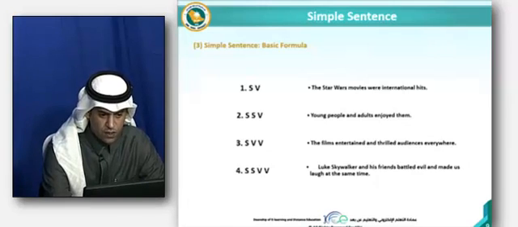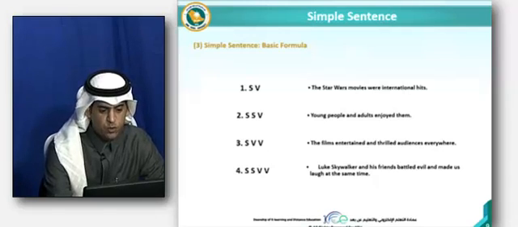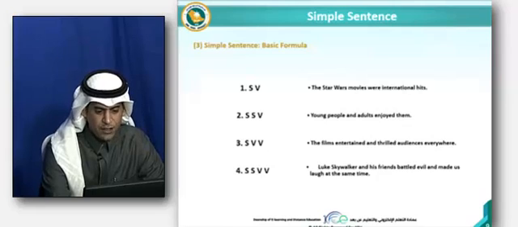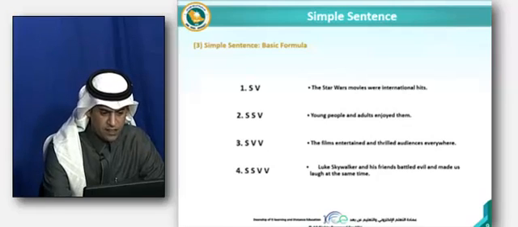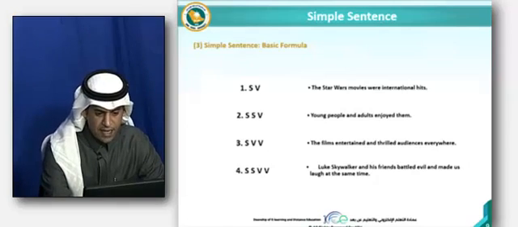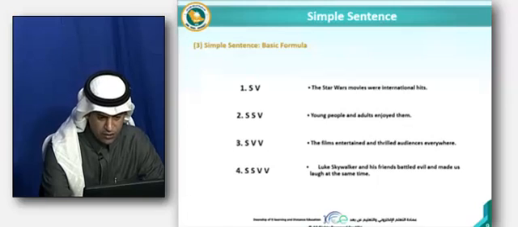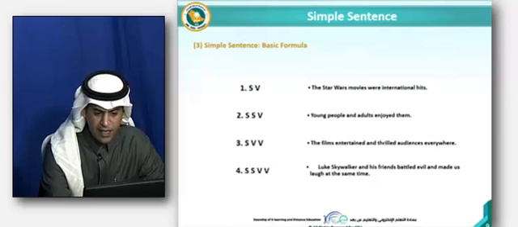This is the first formula, the first possibility. In the next possibility, we have two subjects and only one verb. Like this sentence: Young people and adults enjoyed the movies. Young people is the first subject, adults the second subject, and they are joined by the word and. And we have enjoyed, which is the verb of this sentence.